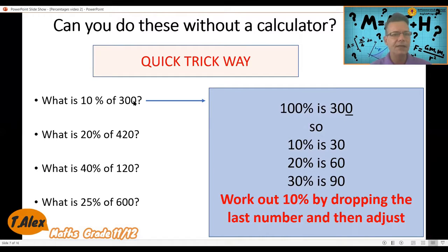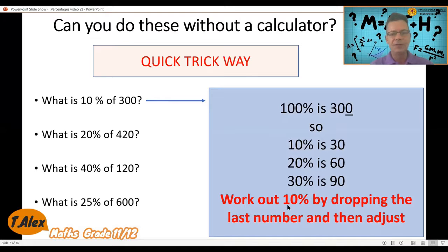You must look at this number. What is 10% of 300? Well, 100% is 300. To work out 10%, drop the last number. Forget about this 0 here. 10% is just 30.